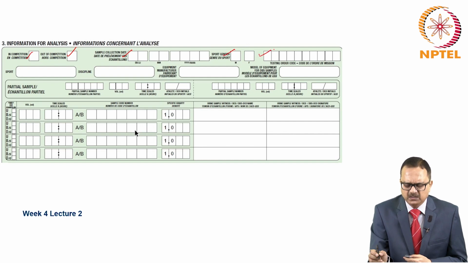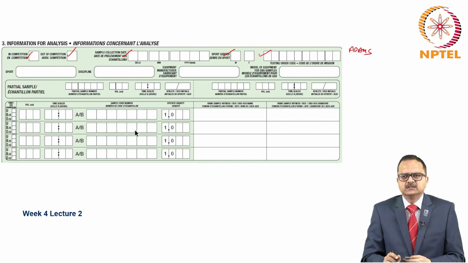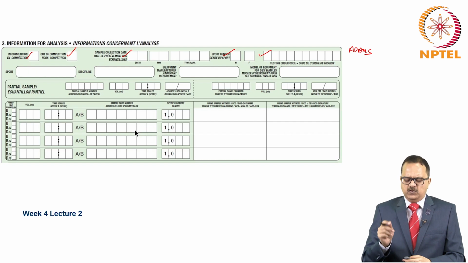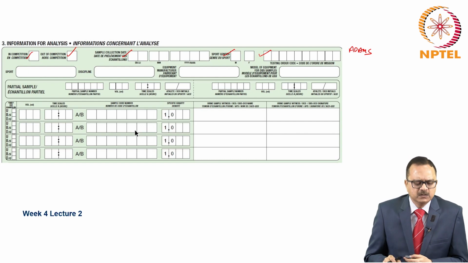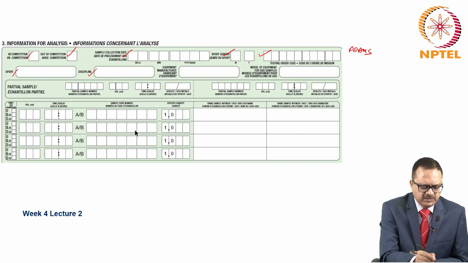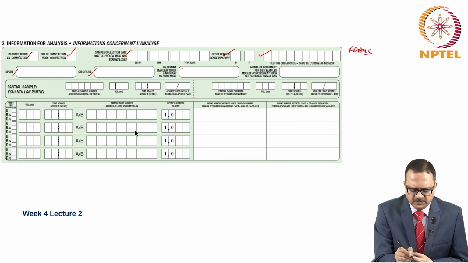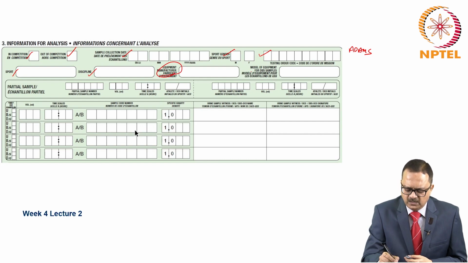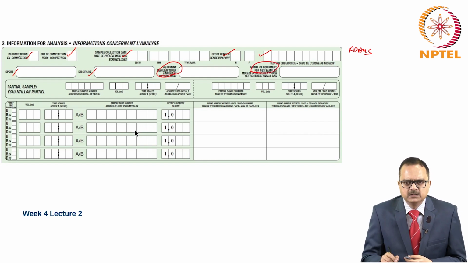Now this code is given by ADAMS, and the ADAMS test form will have this testing order code. You have to write the sport. If it is athletics, then discipline, 100 meter, 200 meter, whatever. If there is any equipment being used in the sport, you have to write about the equipment manufacturer and the model of the equipment.